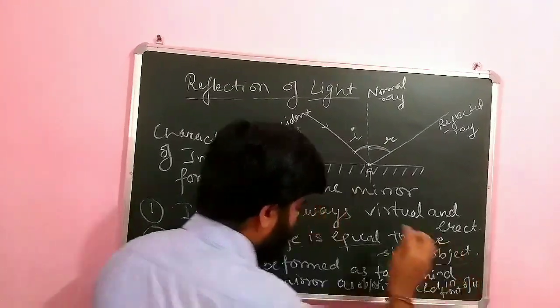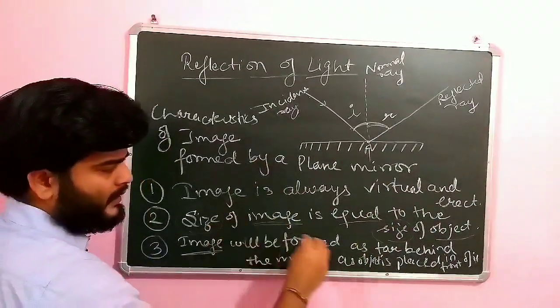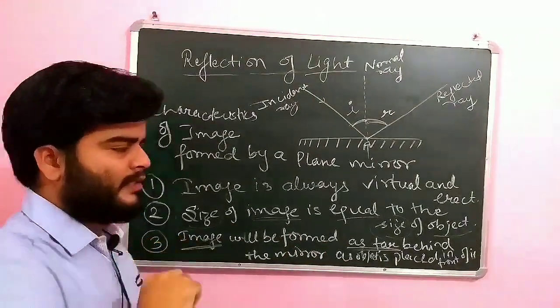What does it mean? It means the image which is forming behind the mirror is as far behind the mirror as the object is placed in front of it.